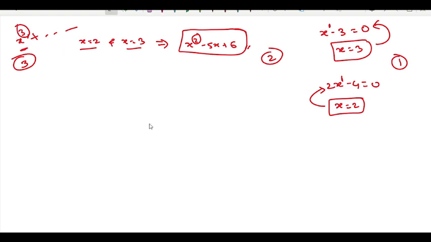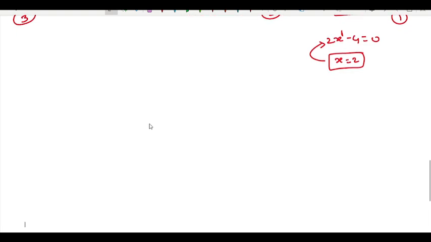Now how to find the roots of the quadratic equation? There are two methods. One is the formula method, and the second one is the factorization method.